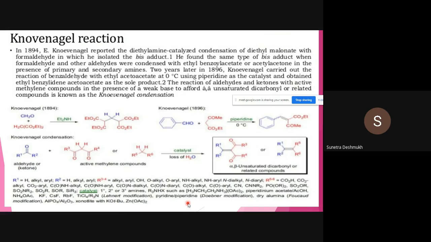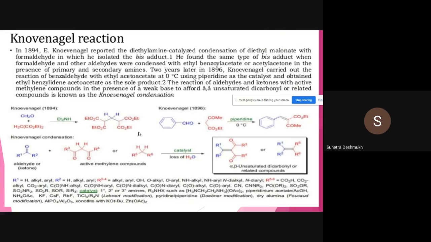A pyridine piperidine combination we can use for the Doebner modification. Dry alumina we can use. So many different bases we can incorporate for this reaction. Not only organic bases, we can use inorganic bases. Different types of salts we can incorporate for the reaction.